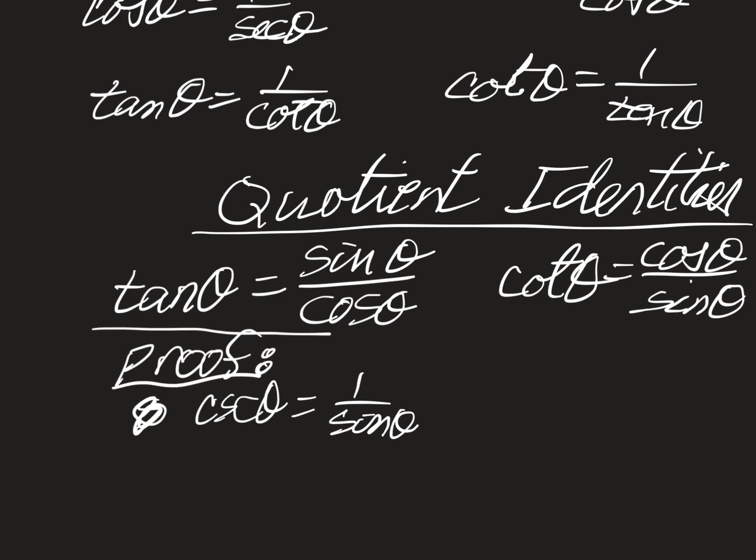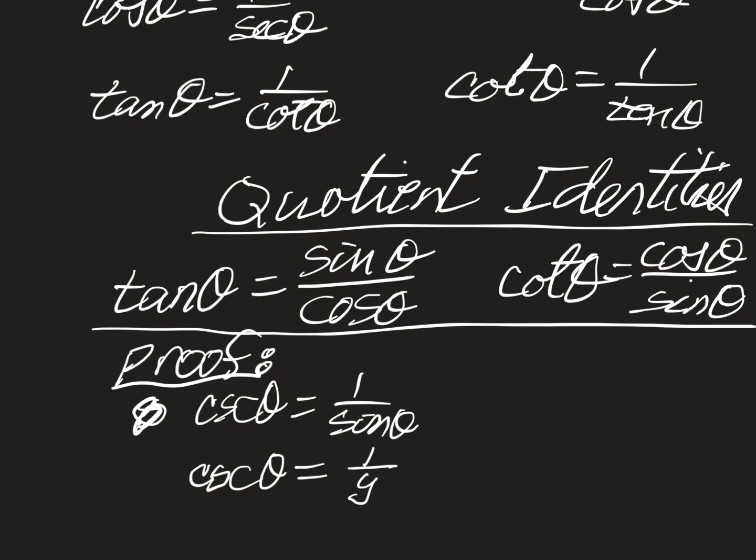The way we would prove this is by definition: cosecant theta is equal to 1 over y in the unit circle. And that's its definition, right?